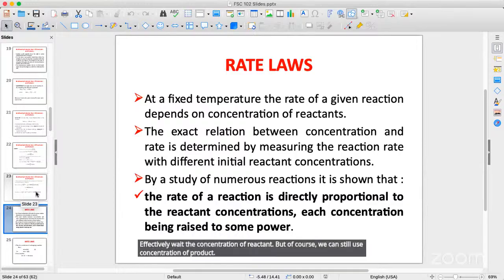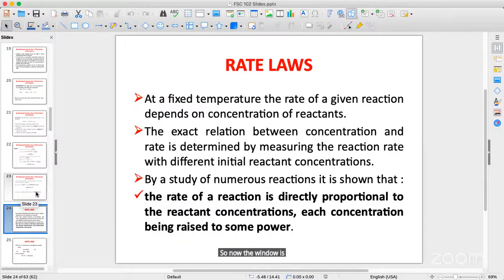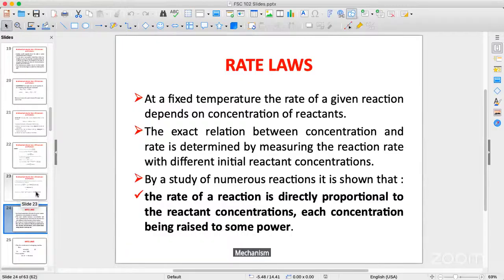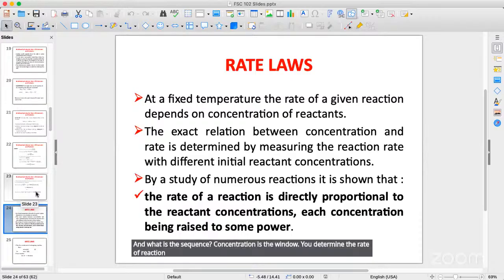So the window through which you determine all this, either rate of reaction, rate constant, or mechanism of reaction, is the concentration. And what is the sequence if concentration is the window? You determine the rate of reaction from the concentration.